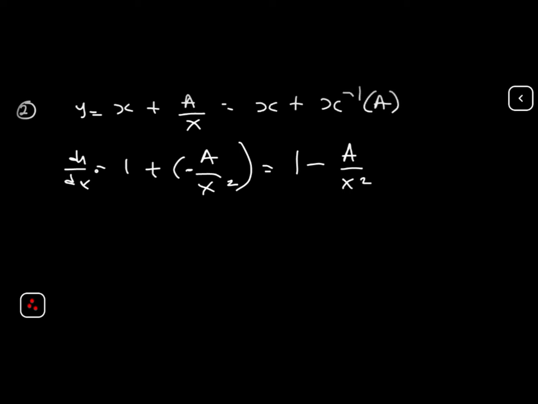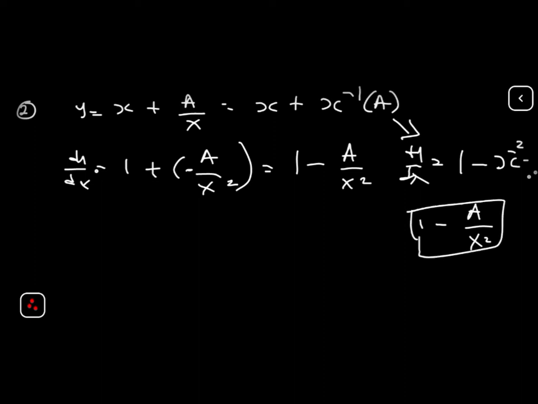So if we take the derivative of this, it's going to be 1 minus a over x squared. This is how we got this.